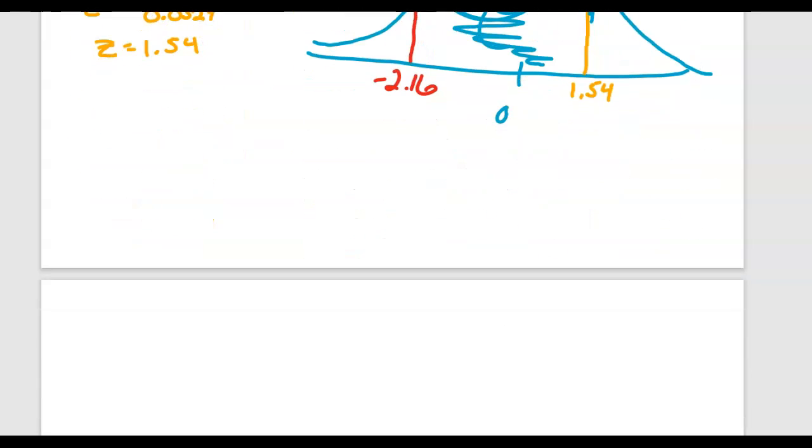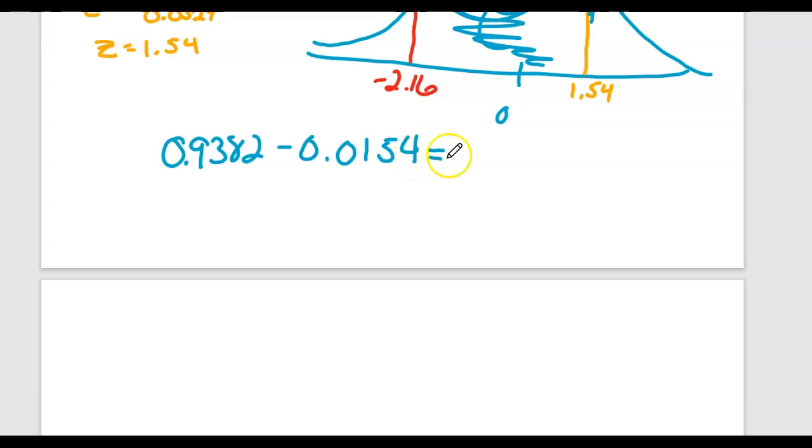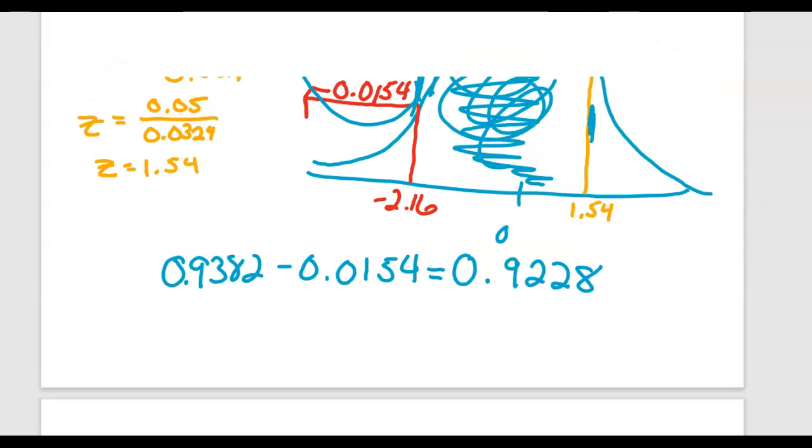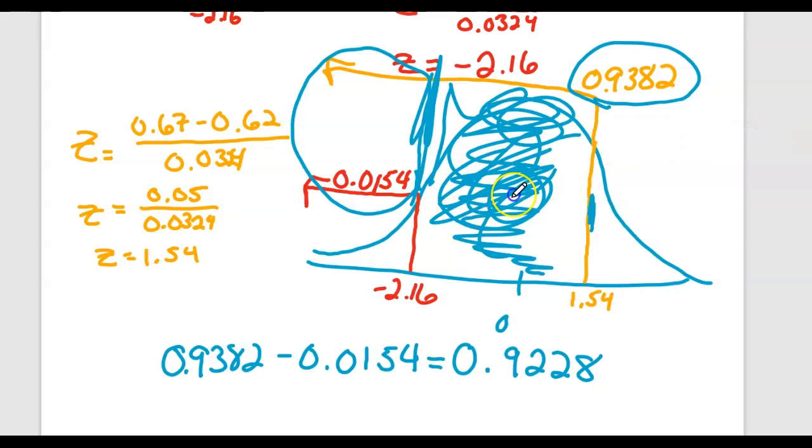But I have to look them up on the table before I can do that subtraction. So I'm going to take 0.9382 minus 0.0154, and this will give me a probability of 0.9228. This is the probability of being in between the 55% and 67%. Okay?